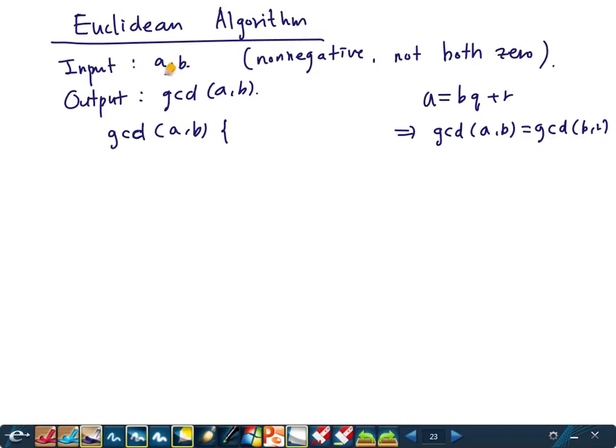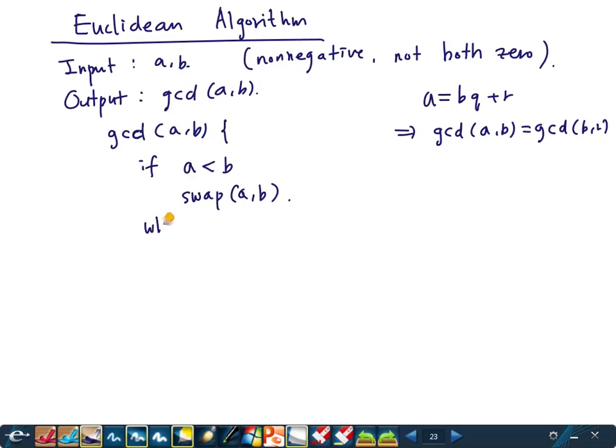We want to have A larger. If not, then we will change that. So if A is smaller, then we will swap A and B. This means we will assume that A is the big one. So now after this, A is big.